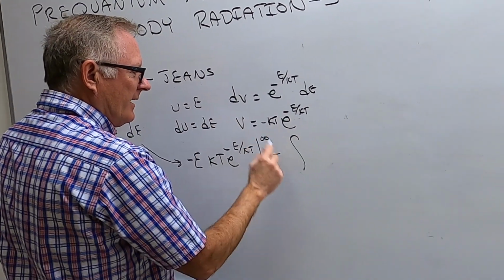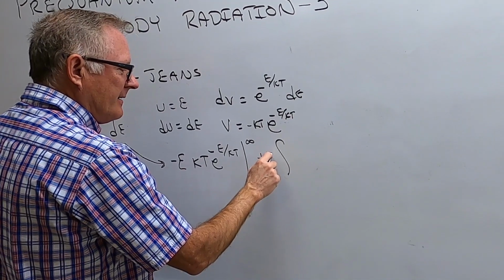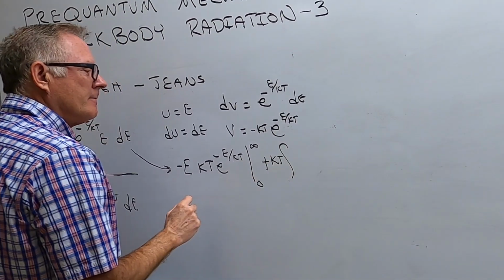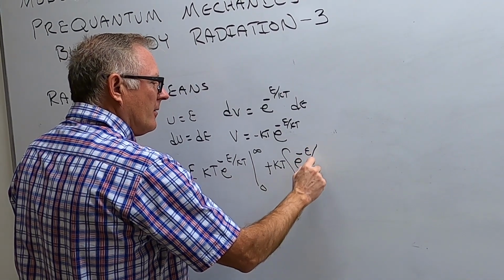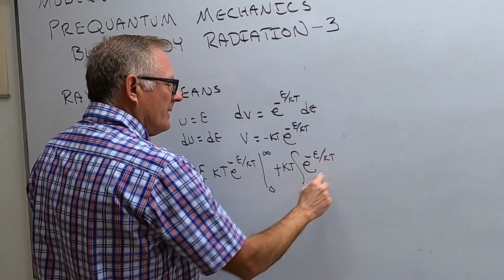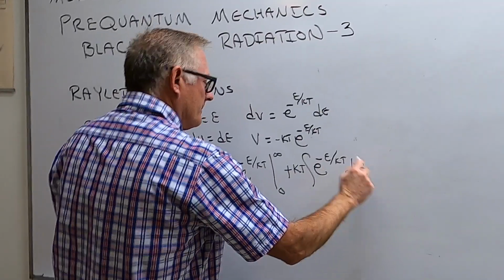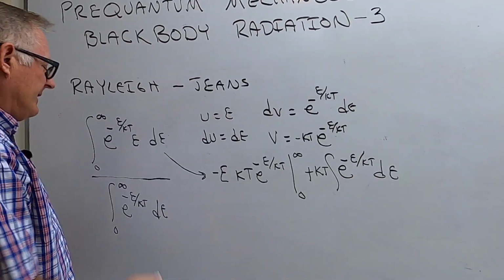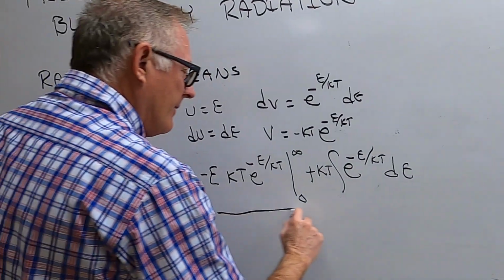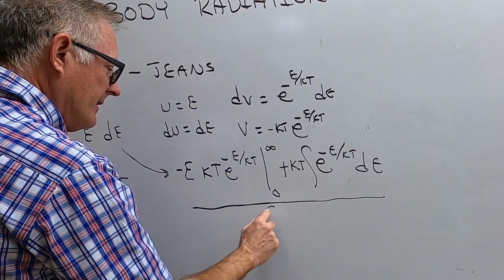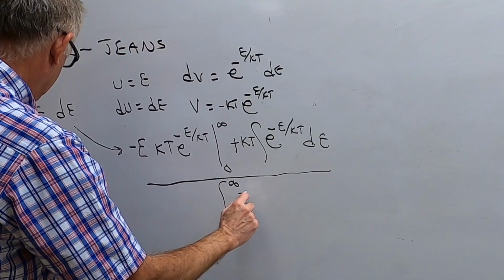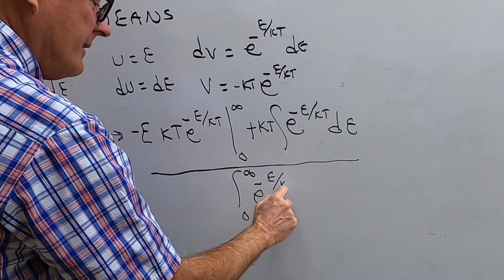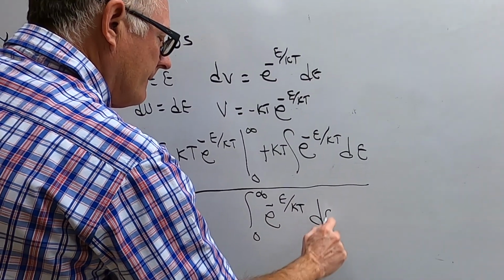Well, the v would make that a plus kT. I can pull that out in front, and we just get e to the minus E over kT dE. And then the denominator I'm not going to touch. I'll just leave it as the integral from 0 to infinity of e to the minus E over kT dE.